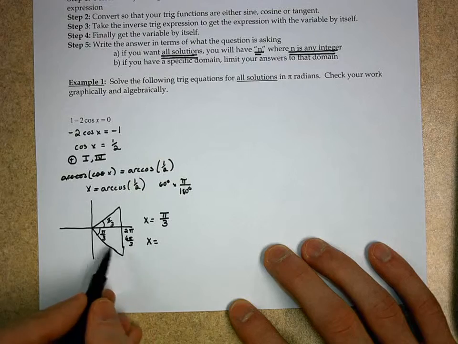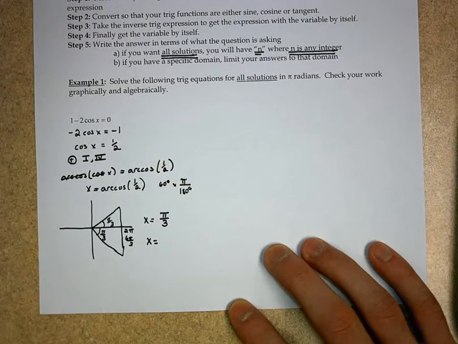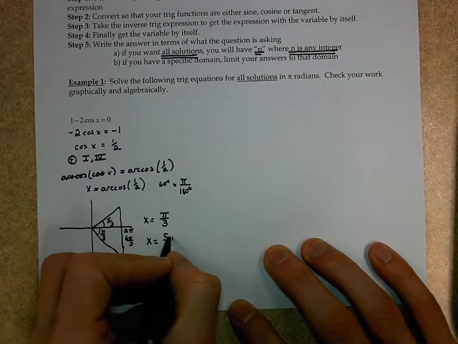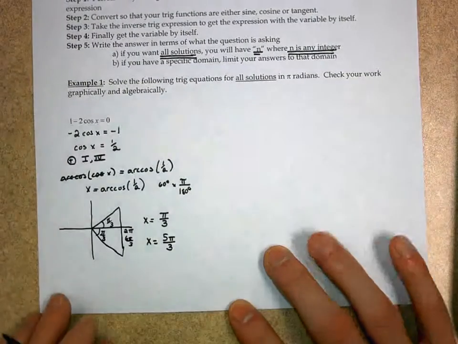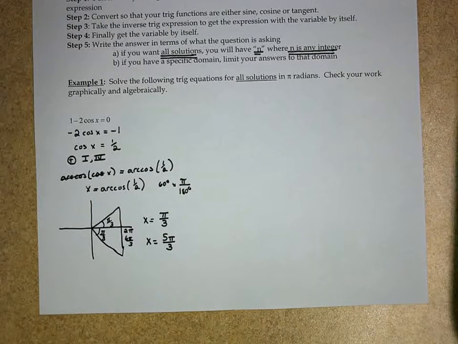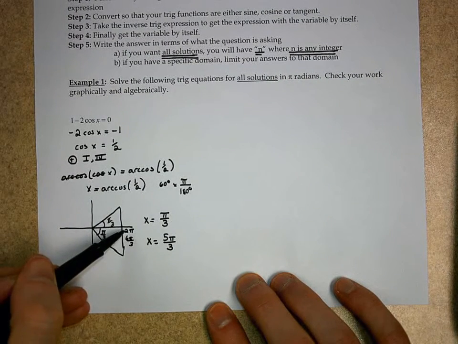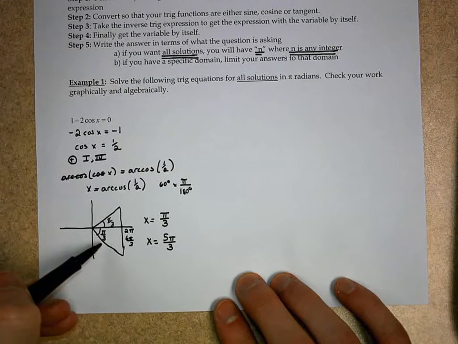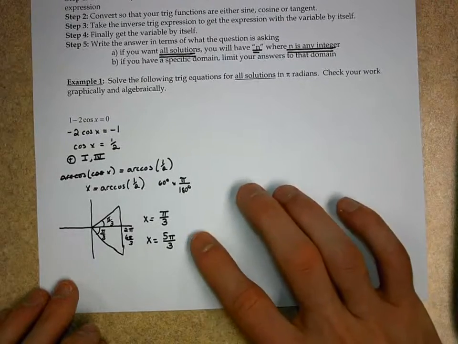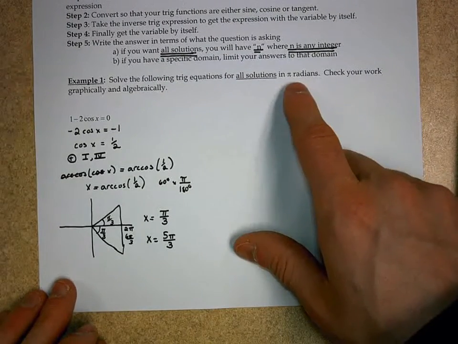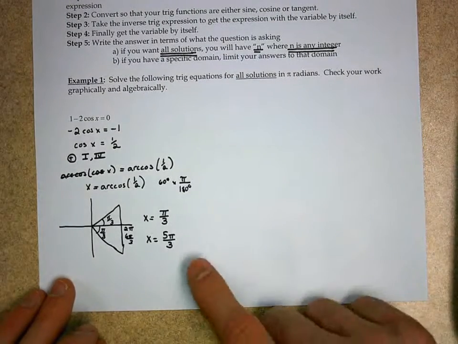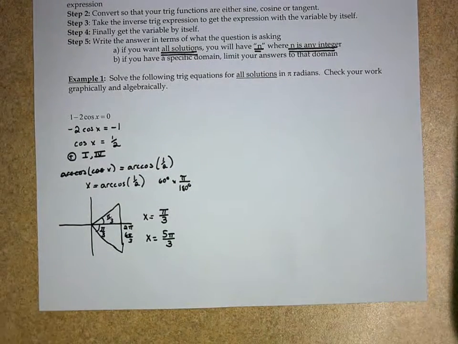So 6 pi over 3 minus pi over 3 is equal to 5 pi over 3. If you wanted to, you could put this as 60 degrees and then down here say 360 minus 60 to get 300 and then convert as well. But since we're asking for pi radians, our answer has to be in radians.